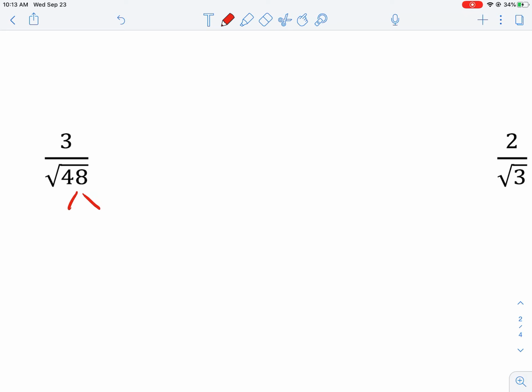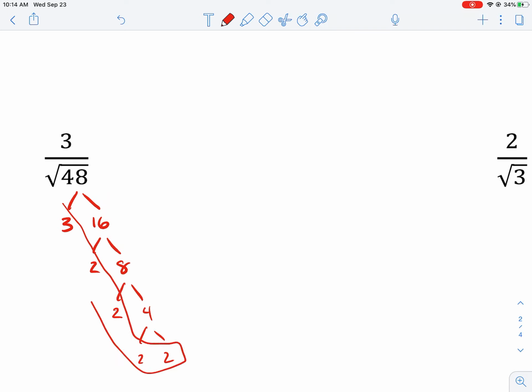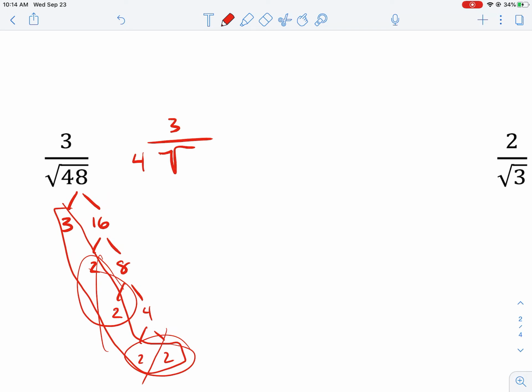I'm pretty sure, 48, yeah, 3 times 16. Then 2 times 8, 2 times 4, 2 times 2. I'm pretty sure we already did this one earlier. So there are our pairs, and we get 3 over 4 square root 3.